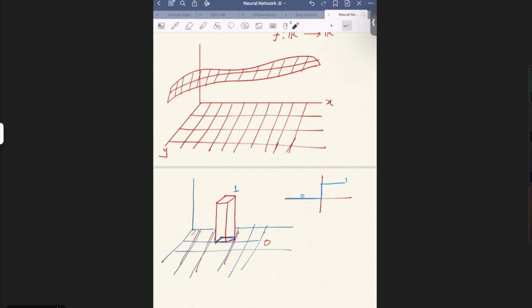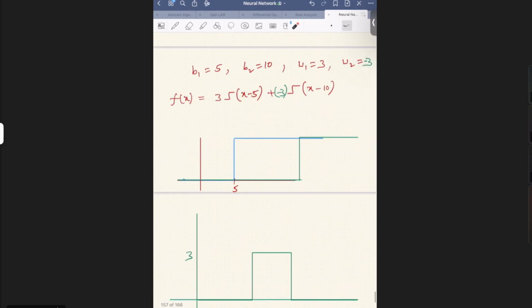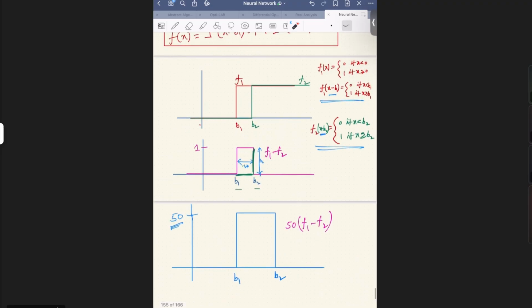I want this particular signal, a particular cuboid construction, just like we have seen this simple construction, with a proper height and proper width.